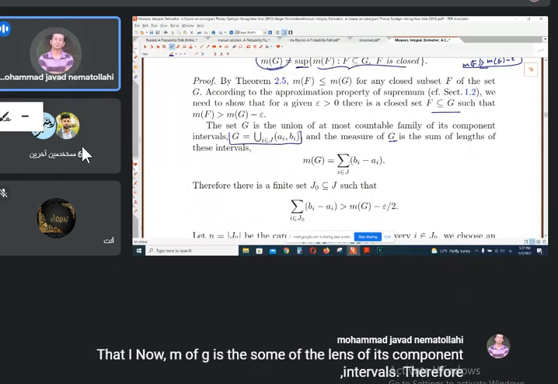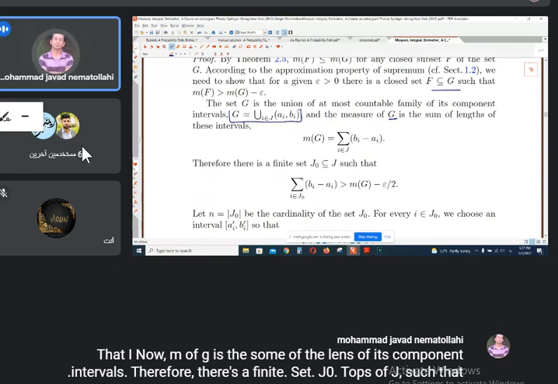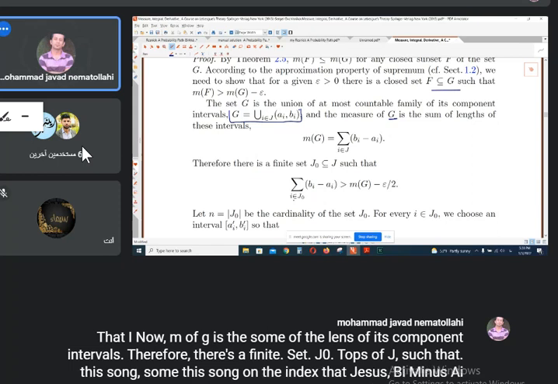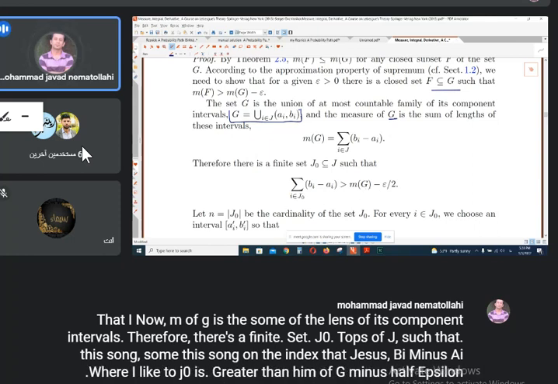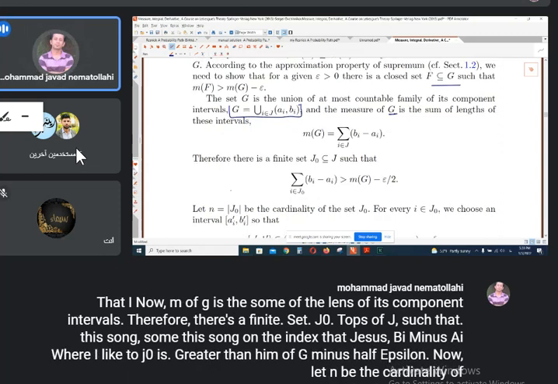Therefore, there is a finite set J0 subset of J such that the sum over i in J0 of bi minus ai is greater than M of G minus half epsilon. Now, let n be the cardinality of J0.